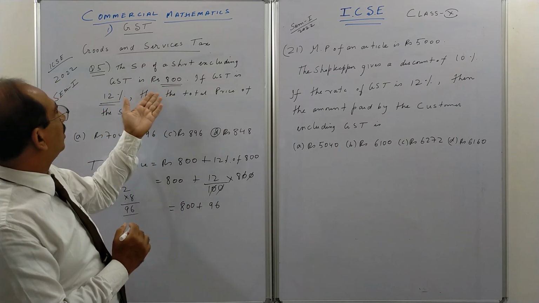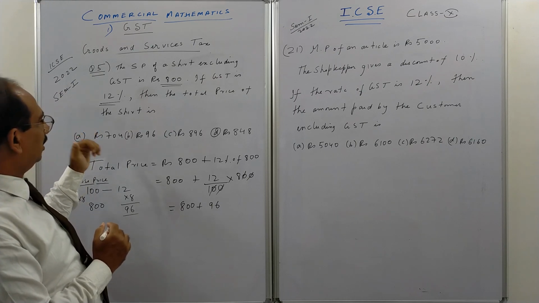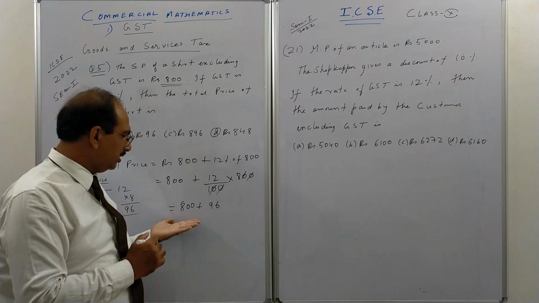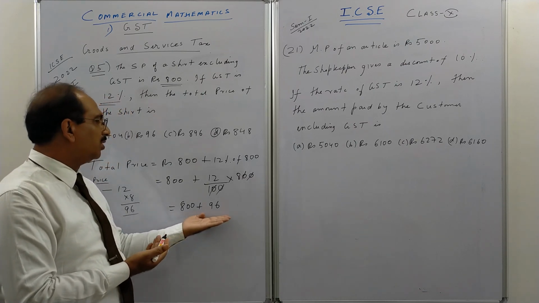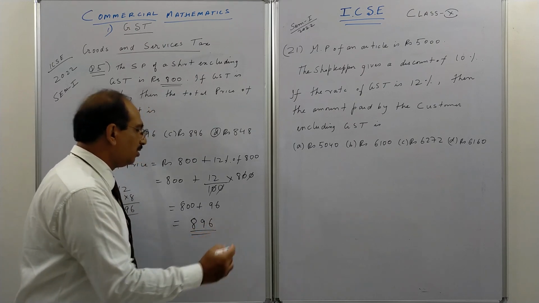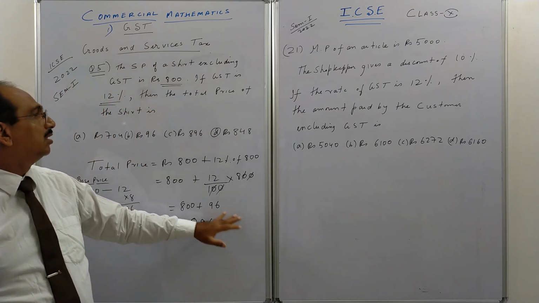So 800 is my base price, what we call over here the SP of the shirt, selling price. So what is marked price? Plus we add the GST. So 96 rupees you have to pay tax to the government.